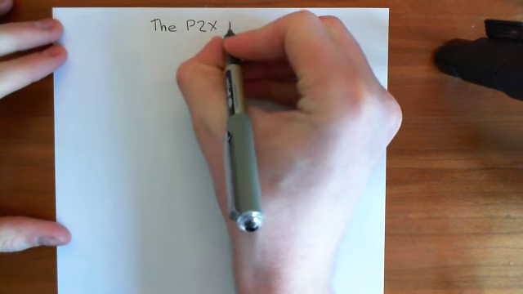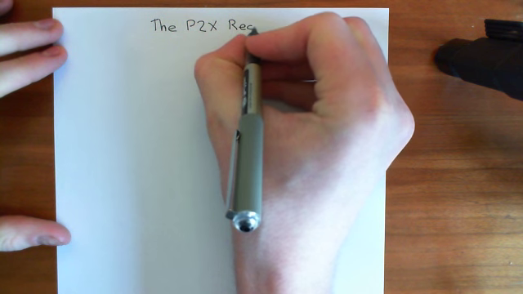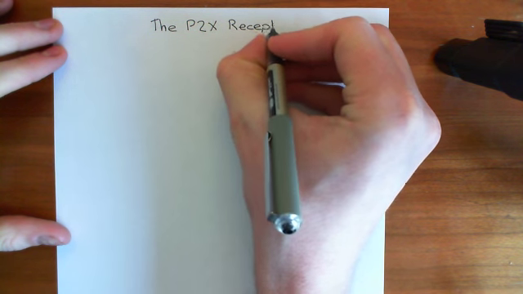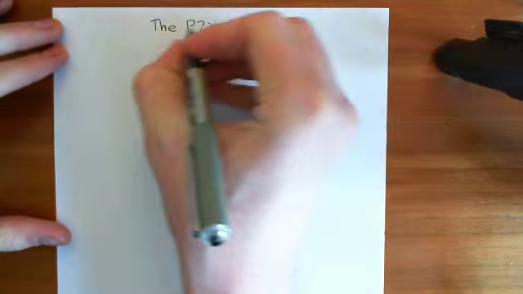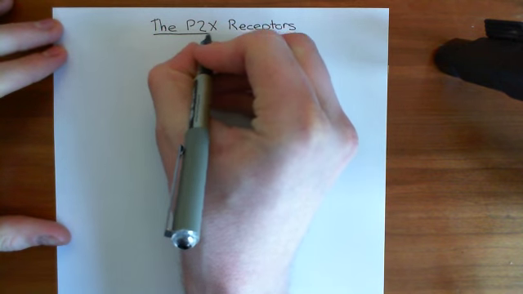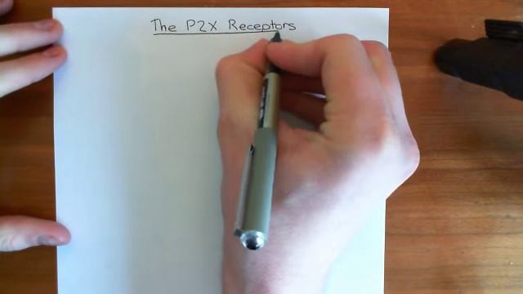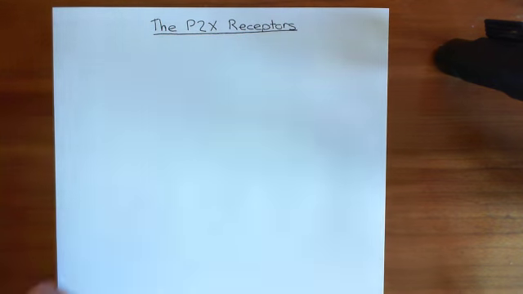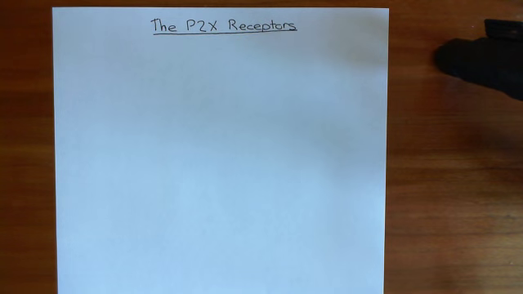The structure for this video: I'm going to start off with a basic discussion of the different types of ligand-gated ion channels, because all known ligand-gated ion channels, at least in the human, can be classified into one of three families. We'll start with those three families, and then we'll look specifically at the P2X receptors, and there's multiple P2X receptors, so we'll look at the different types.